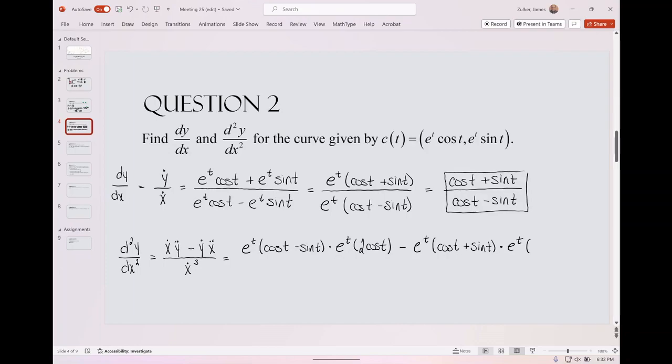What is the derivative of that term? Negative sine t minus cosine t. Negative sine minus cosine. Cosine minus cosine is gone. You're left with negative 2 sine.